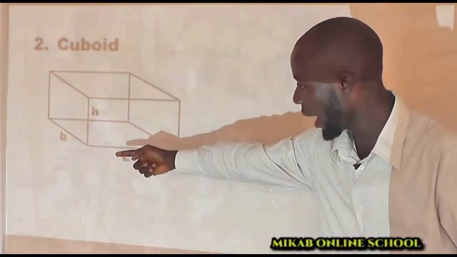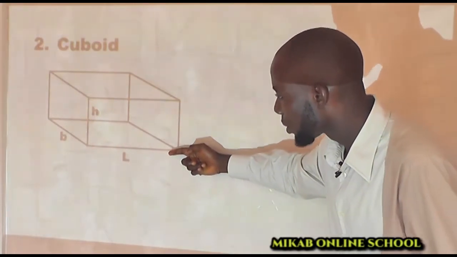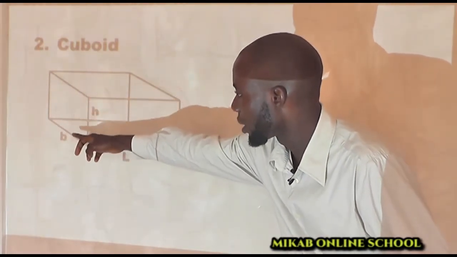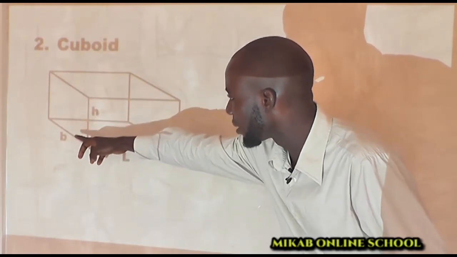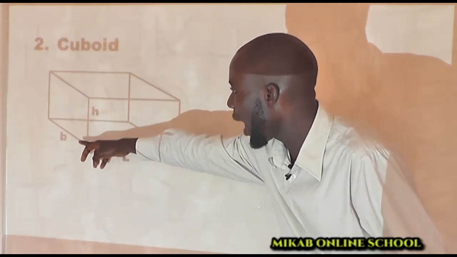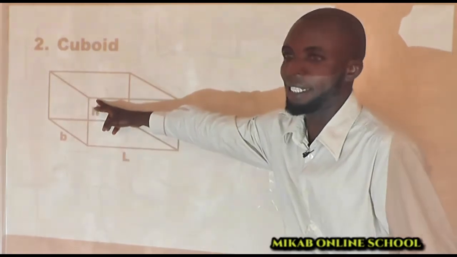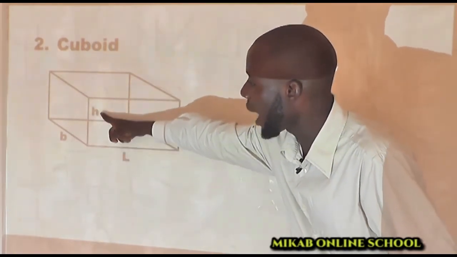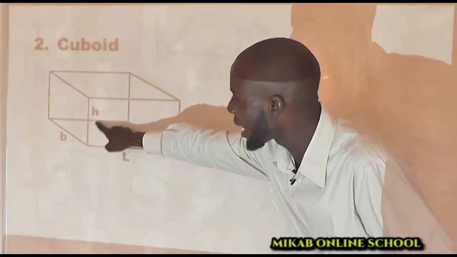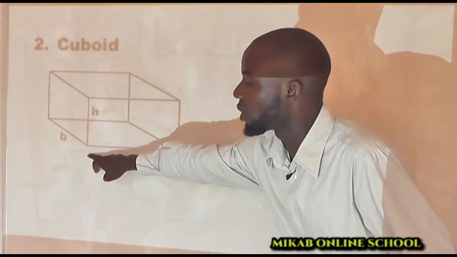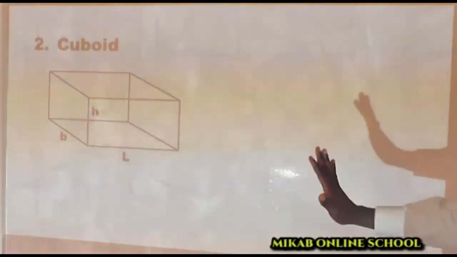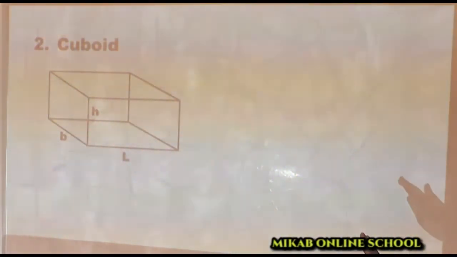The length is bigger compared to the breadth, and the breadth may be bigger or smaller compared to the height. It does not necessarily mean that the height must be longer than the breadth, or the breadth must be longer than the height. That is in the case of a cuboid.